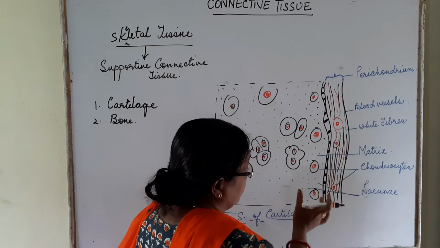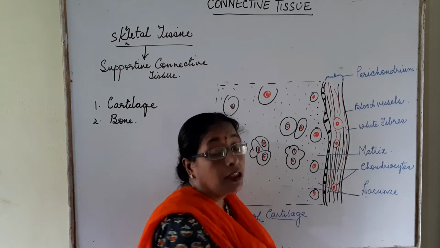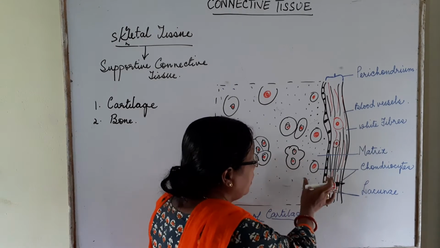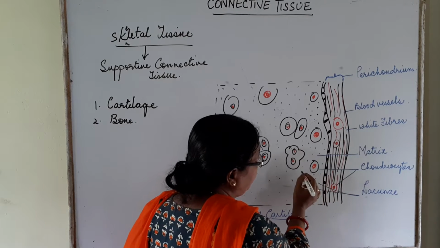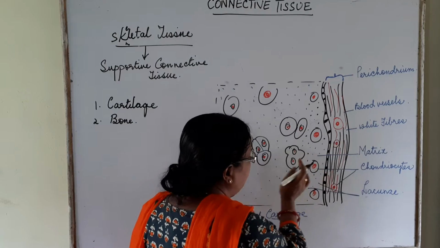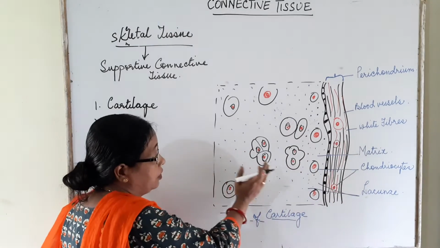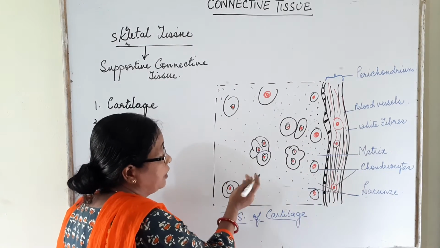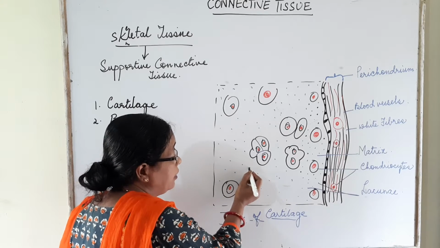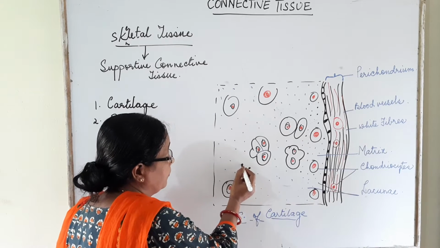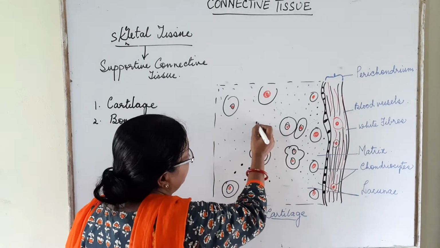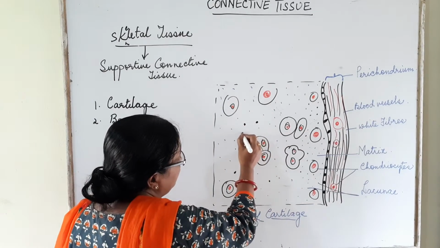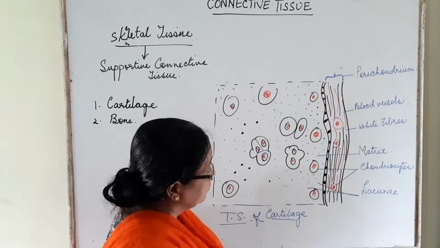The lacunae are more and dense near the periphery, that is near the boundary. The cells of the lacunae near the periphery are small, but towards the interior the cells are larger and less in number.